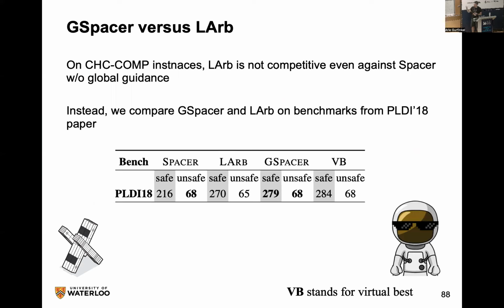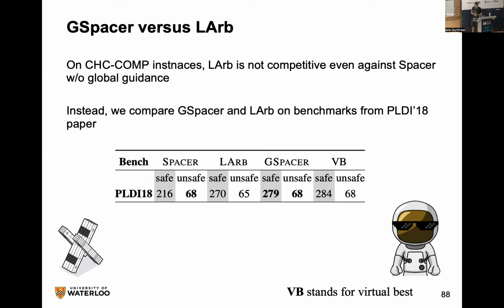Now, of course, it's not surprising that this data-driven thing is tuned for a particular kind of problems. When we tried it on the benchmarks from the competition, and the competition happened after that paper, so they couldn't do that, this tool doesn't perform in any way comparable to Spacer on a wide variety of benchmarks. So instead, we went to their benchmarks, the ones that they were using. And in fact, we could see that Spacer itself without the new things does pretty poorly.